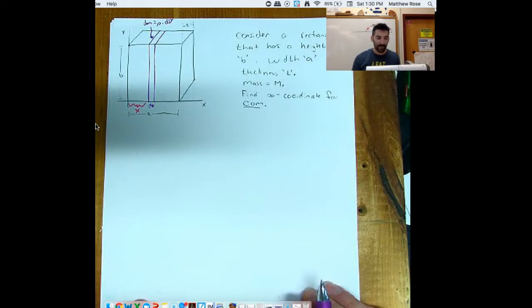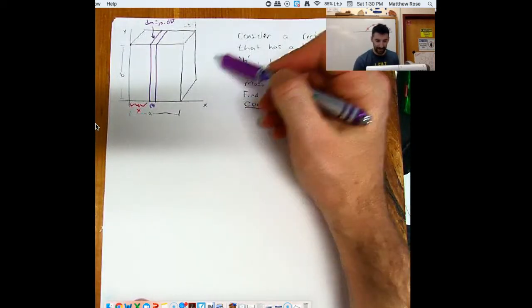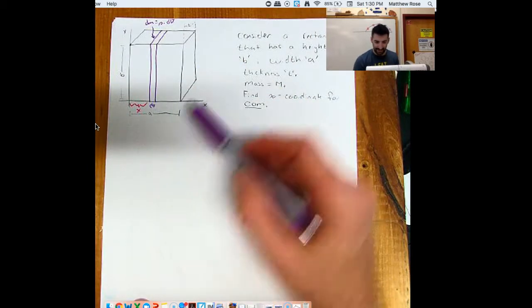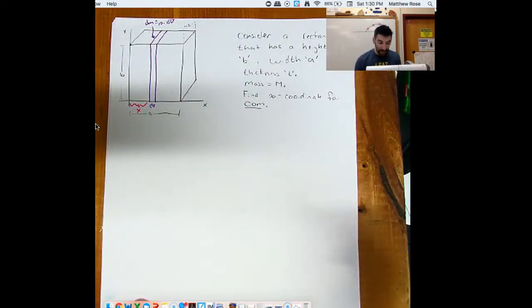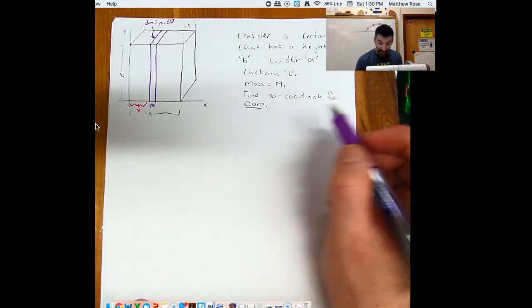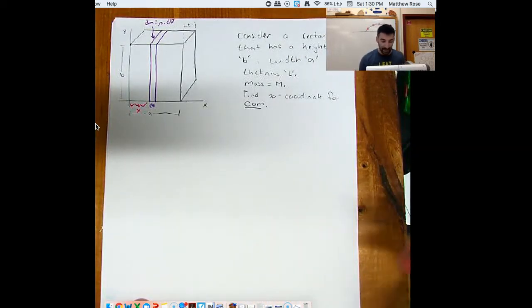Well, how do I find volume? Volume is base times height times width, thickness. We have that times that times that. So I would have b times a times t. Well, my differential volume now is going to be, well, some things are changing, some things are not changing.